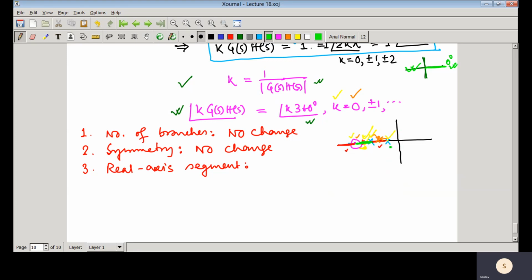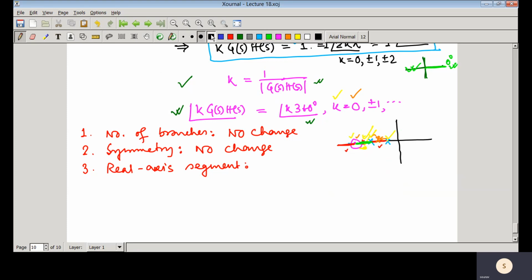So the segments in the real axis which are part of the root locus in case of negative feedback, the complement of those segments would be part of the root locus if you consider positive feedback.